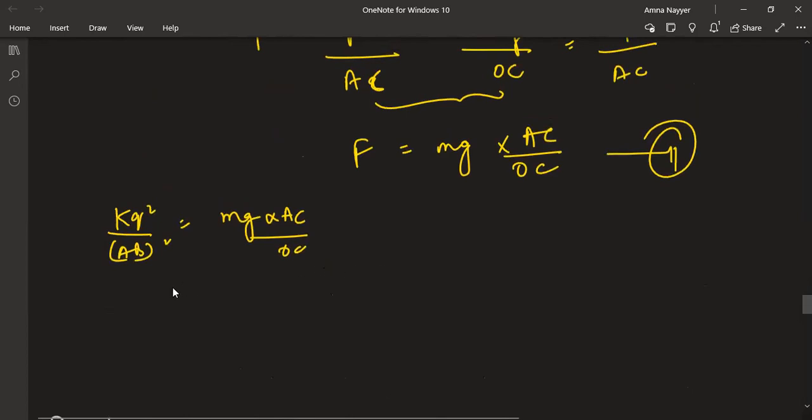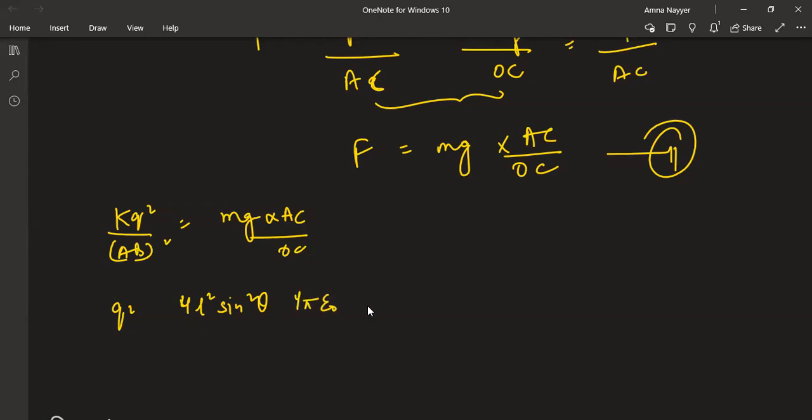So if you put in the values, AB square will become 4L square sine square theta, right? K will get divided, so I'll write it as 4 pi epsilon naught.